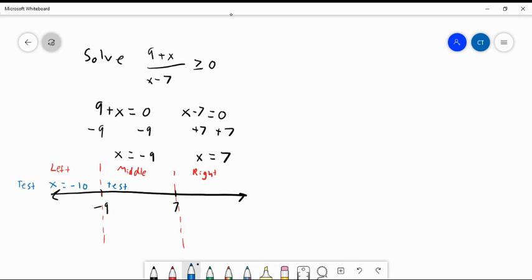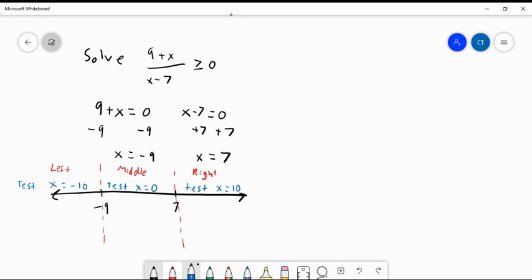Since 0 is between negative 9 and 7, let's test x equals 0 for the middle region. And for the right region, we are going to pick any number bigger than 7 to test. Let's pick 10 because 10 is a nice, easy number that's bigger than 7.